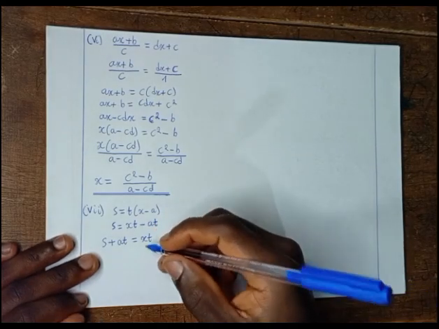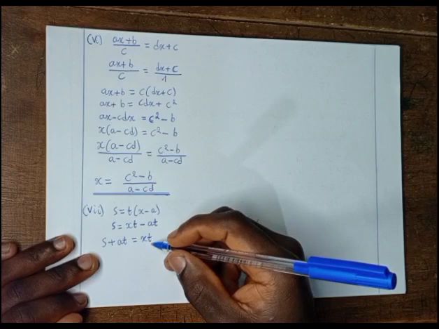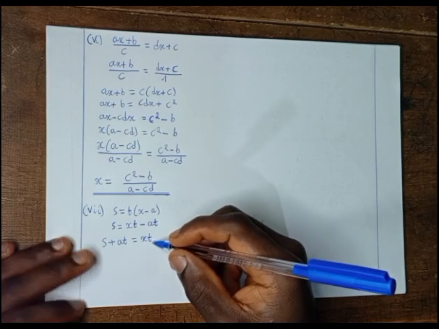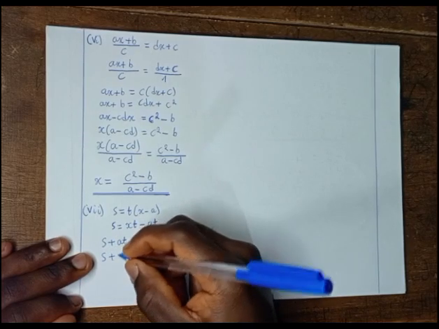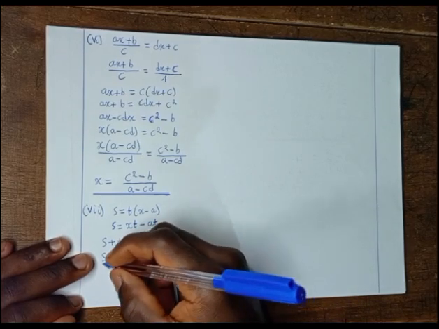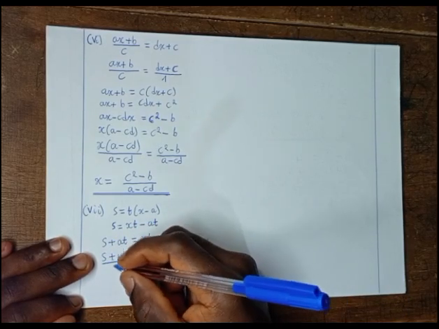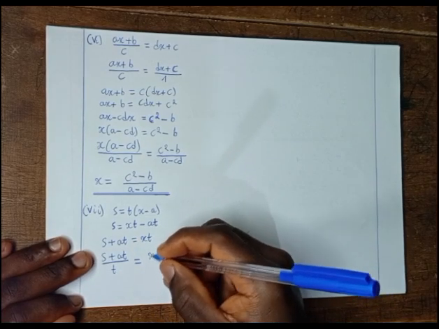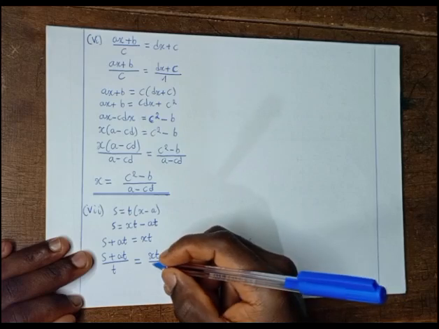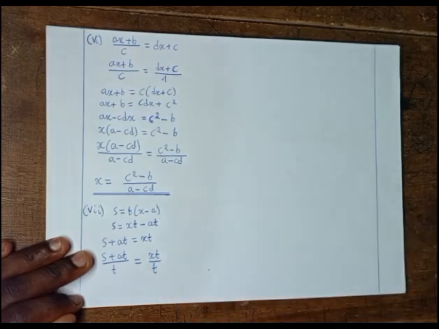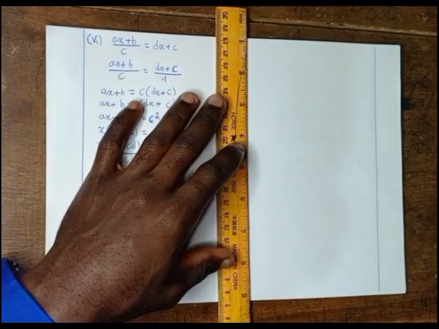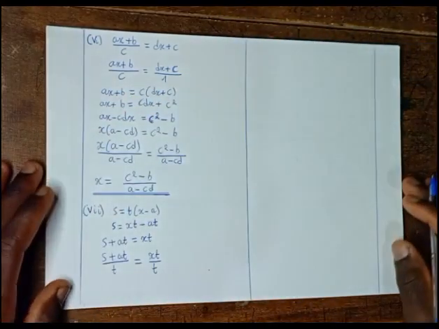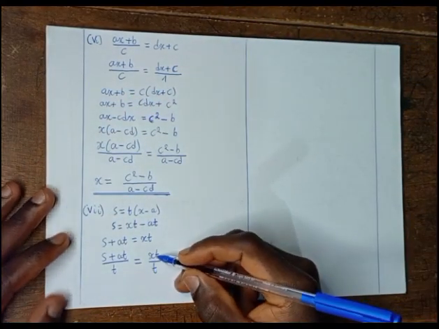Next, we need to make x the subject of formula. We are going to divide both sides by t. We need to eliminate this t. This will give us s plus at all over t is equal to xt all over t. Let's continue this way. t will cancel t.